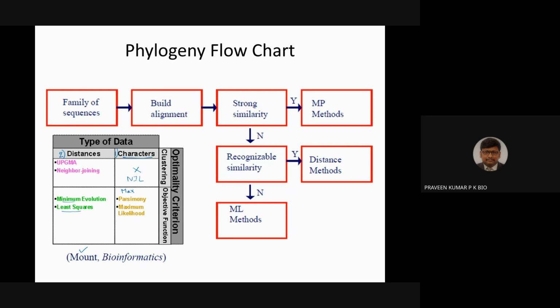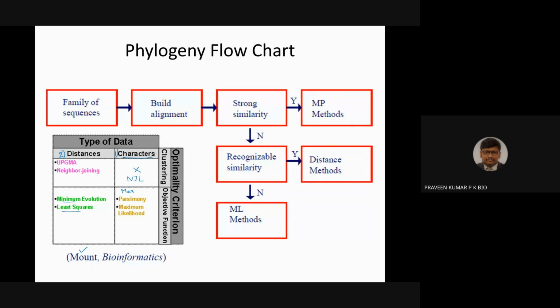To know more about clustering, objective function, and the character and distance-based methods, we can discuss in subsequent slides. Now we have completed how to categorize the different methods of phylogenetic tree construction based on clustering and objective function.